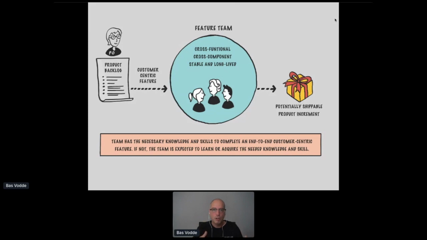The feature always belongs to one team. However, we have multiple teams now working on the same component. And in that sense, they still have a dependency, but that dependency is always what we refer to as a synchronous dependency, where two teams only have to collaborate together when they work at the same time at the same component. And these kind of dependencies are much easier and even probably even a good thing.